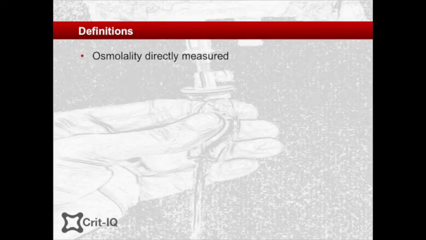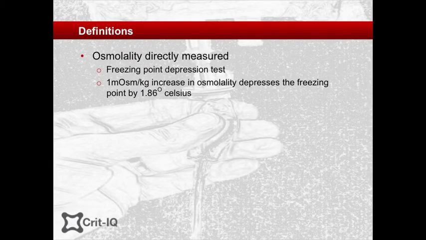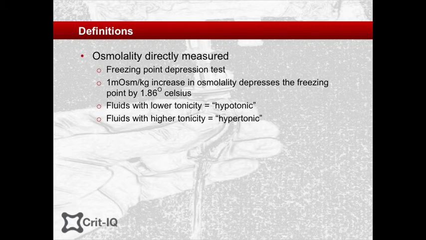Osmolality can be directly measured using the freezing point depression test. A change in osmolality of 1 osmol per kilo depresses the freezing point by 1.86 degrees Celsius. Fluids are then measured relative to this benchmark. Fluids with a lower tonicity are known to be hypotonic, while those with a higher tonicity are hypertonic.